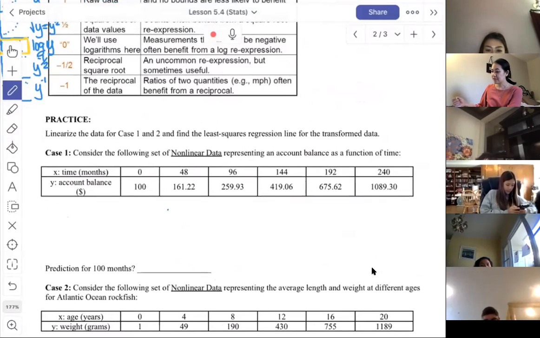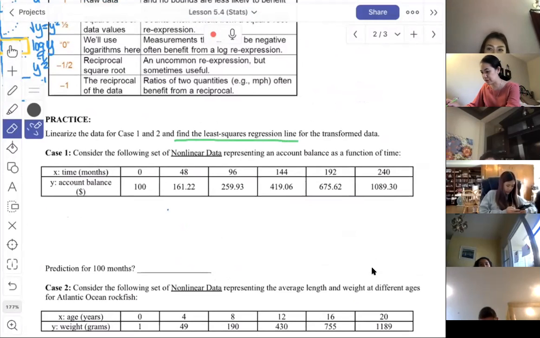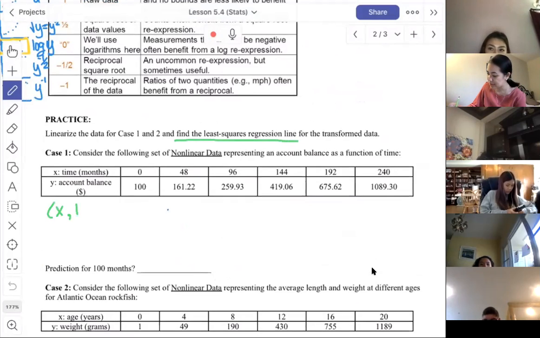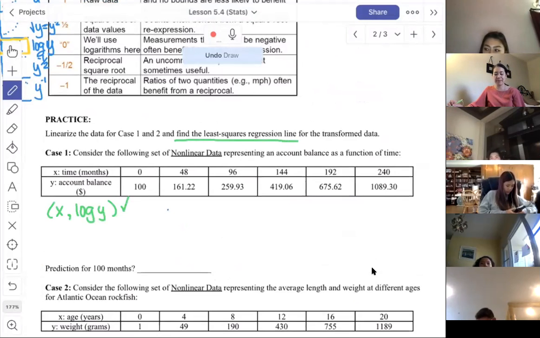It says find the least squares regression line right up there. Well, we found out that x and log of y was the one that worked the best, right?